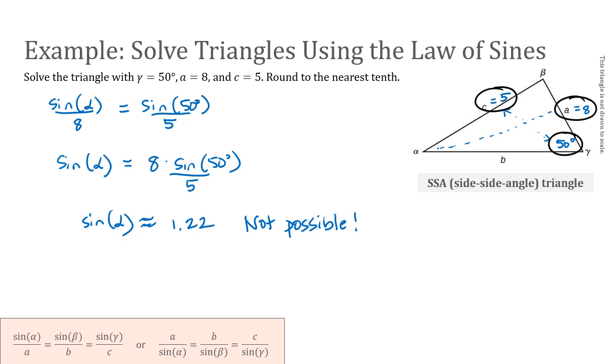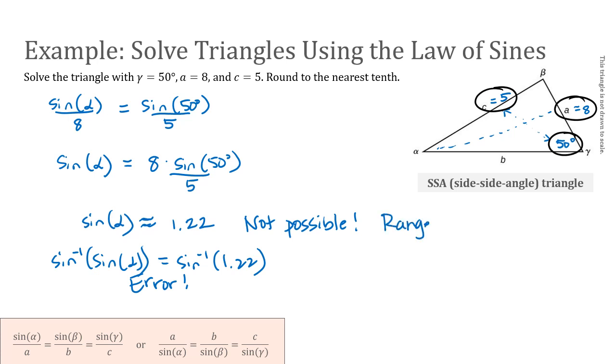Well, you can try it if you'd like. You can go ahead and put sine inverse of 1.22 into your calculator. But when you do that, your calculator is going to scream at you, error. Now, the reason why is because, maybe you remember, the range of the sine function, go back to your understanding of a unit circle.